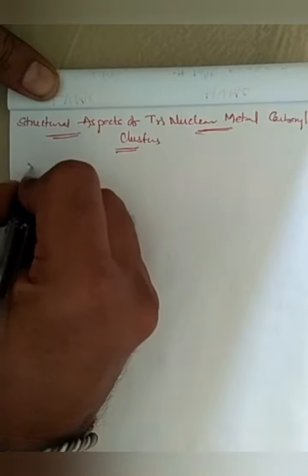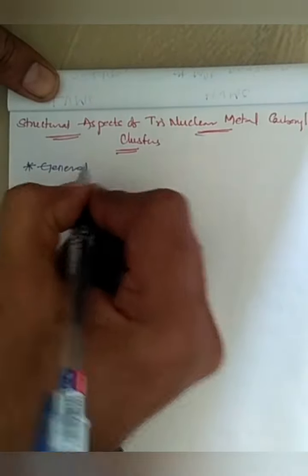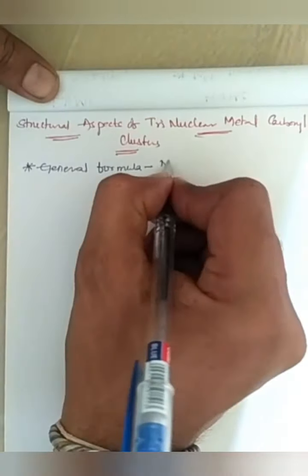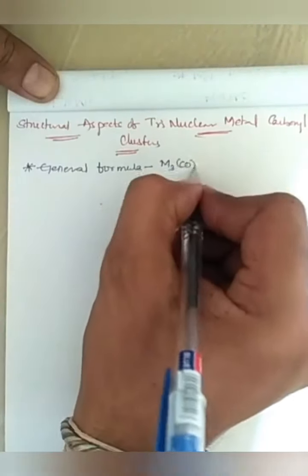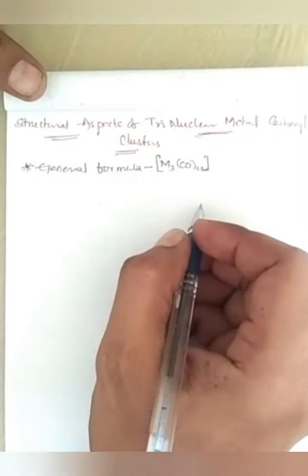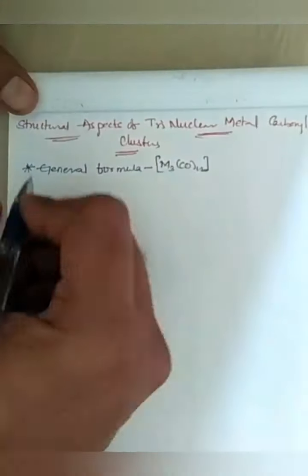Here trinuclear metal carbonyl clusters will have the general formula of M3(CO)12, dodecacarbonyl trimetallic cluster, right?